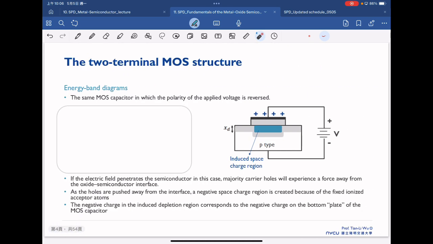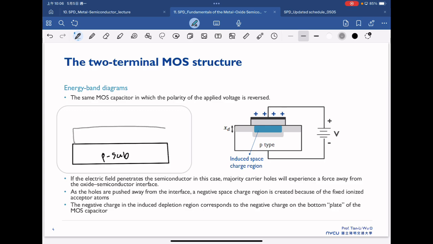So in the case of the positive bias, we will have the P substrate and dielectric, and also the gate metal here.